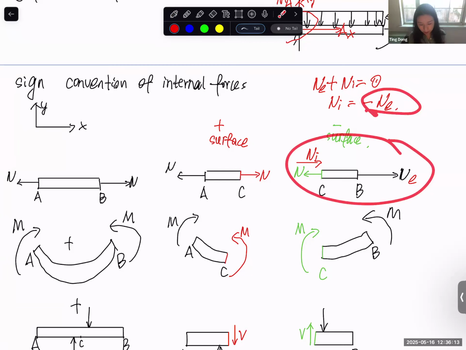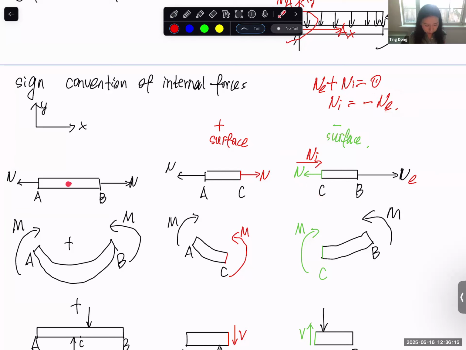So what will happen is that, for checking the internal force at the same point, I can take either a left section or a right section for calculation. But if I take the left section, I get a positive value because, let's say this is internal, this is external, and this one equals 0.